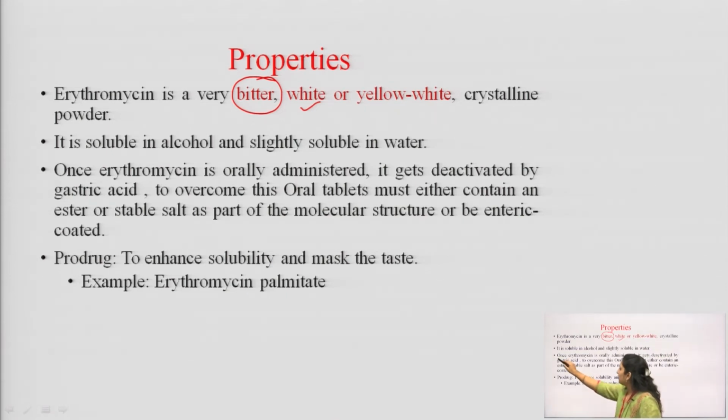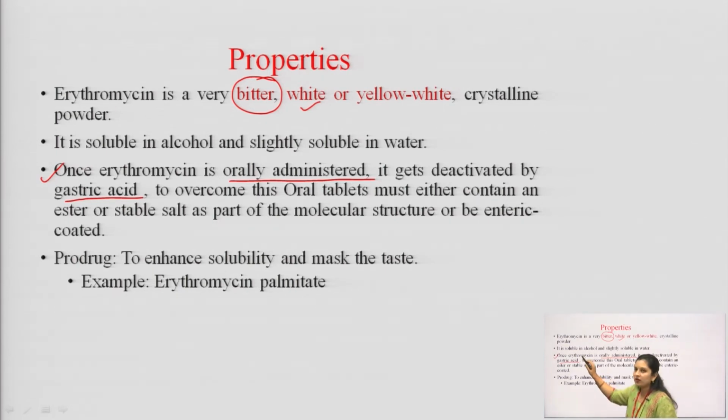If we talk about erythromycin in the GIT tract, in gastric acid, we found that when erythromycin is orally administered, it gets deactivated by gastric acid because, as I said earlier, it is unstable in acidic environment.